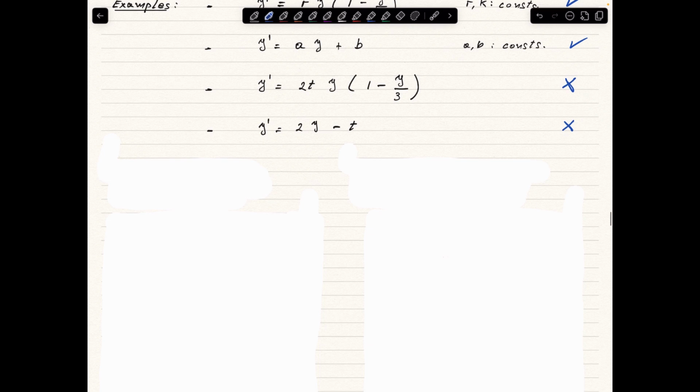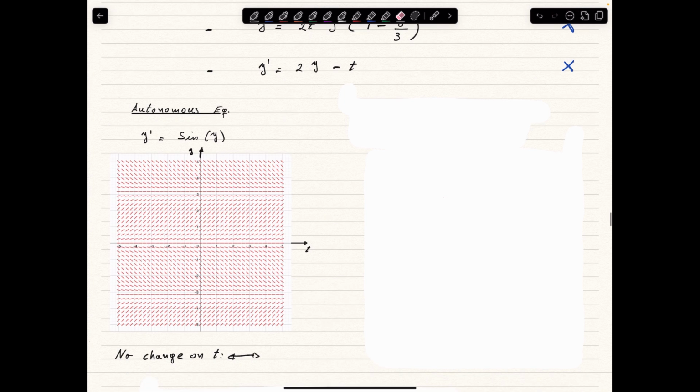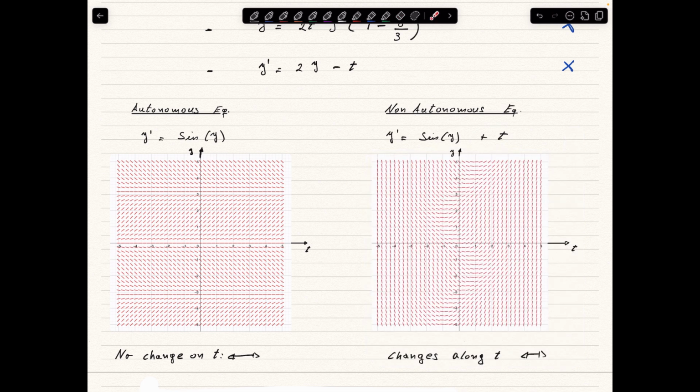And the slope fields of autonomous equations, well, we have seen that, for example, the slope field of y' = sin(y) is an autonomous equation. Recall, it was something like that, and there is no change in the slope field along the t-axis because there is no t dependence. So all these little slopes are the same along the t-axis. If the equation has a t dependence, then the slope field changes along the horizontal axis.